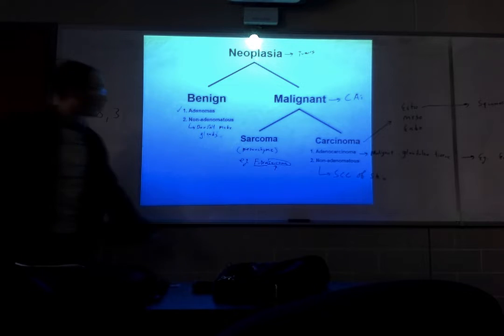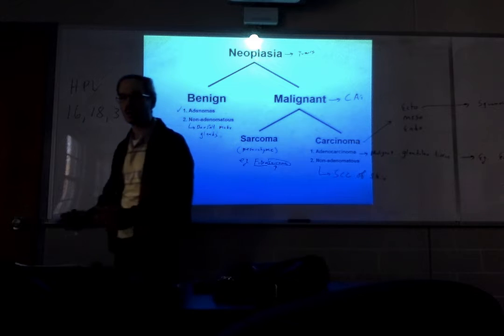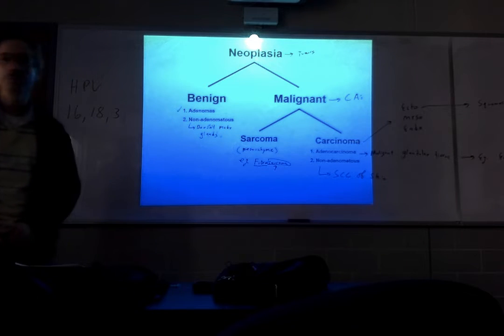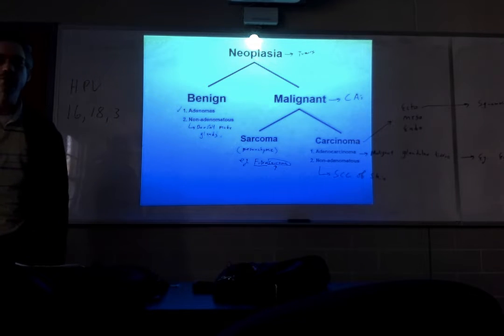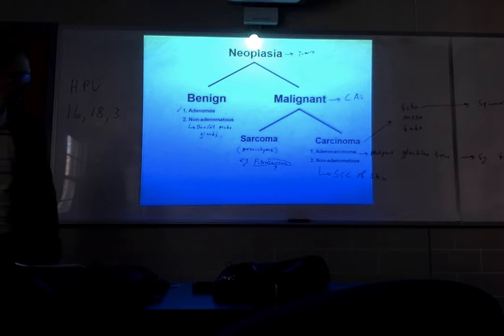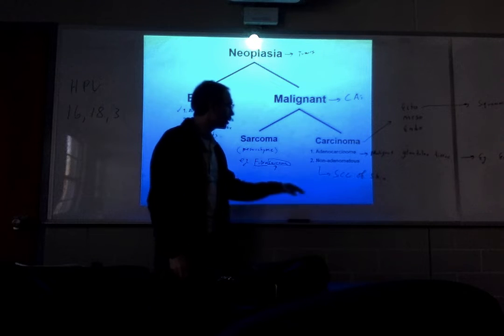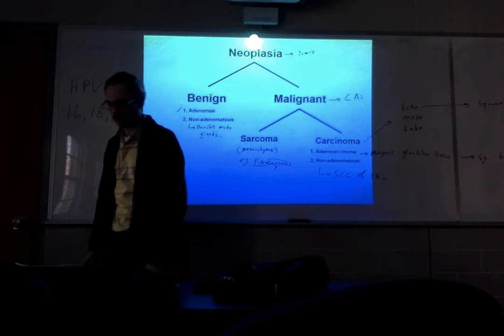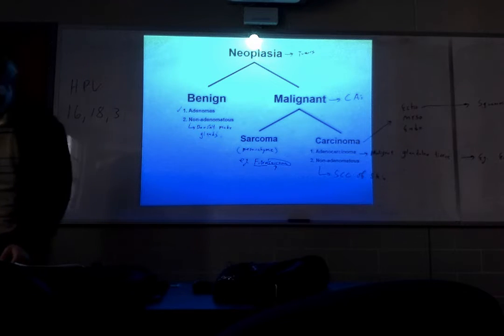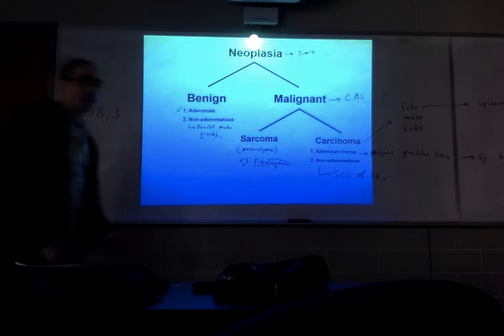Again, we subclassify them to death, literally, because we want to tailor specific chemotherapeutic treatments for individual cancers so we can maximize effect and minimize side effects. And so this has been a very exhaustive subclassification scheme that's developed. Okay, any questions on that?